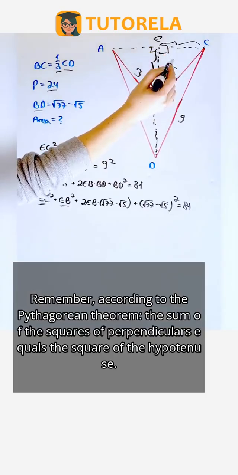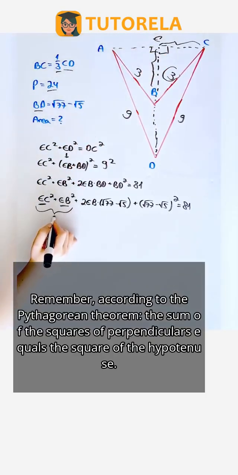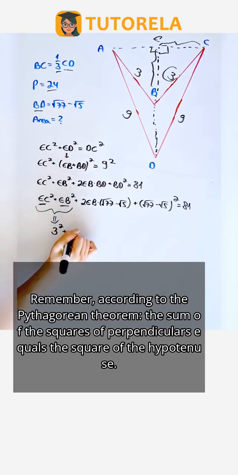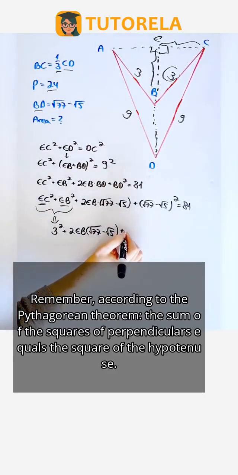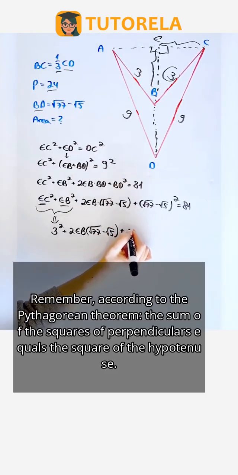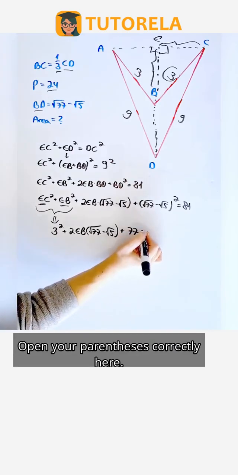Remember, according to the Pythagorean theorem, the sum of the squares of perpendiculars equals the square of the hypotenuse. Open your parentheses correctly here.